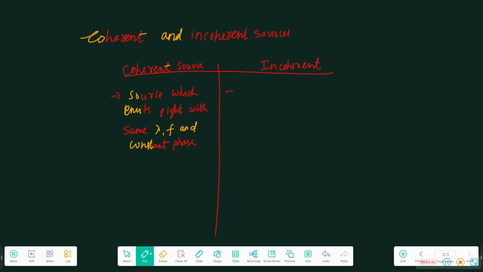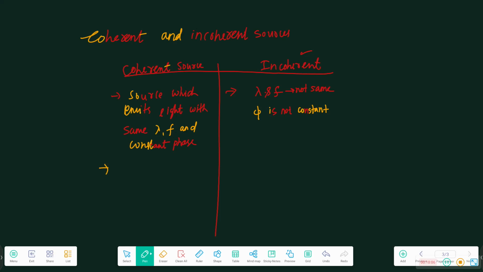But here the wavelength and frequency are not the same, and the phase is not constant. That's why these are incoherent sources.